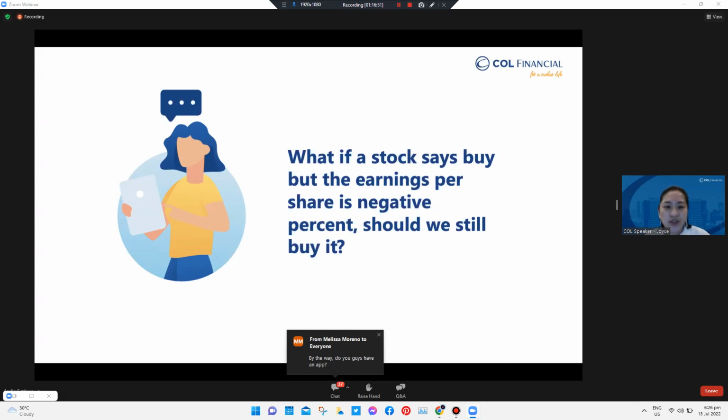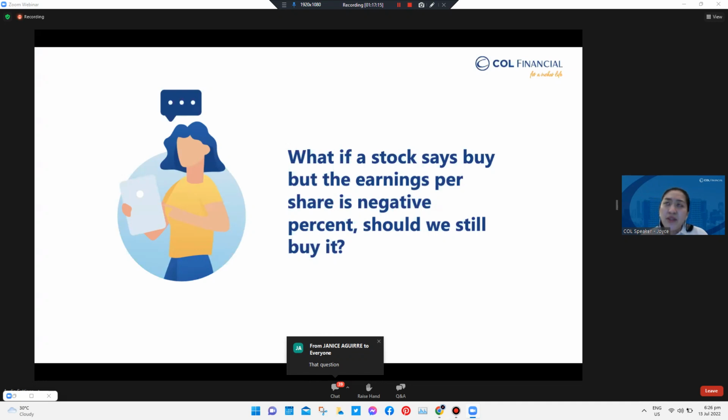First question: what if a stock says buy, but the earnings per share is negative? Should we still buy it? For me, a negative earnings per share is not really something that's good.